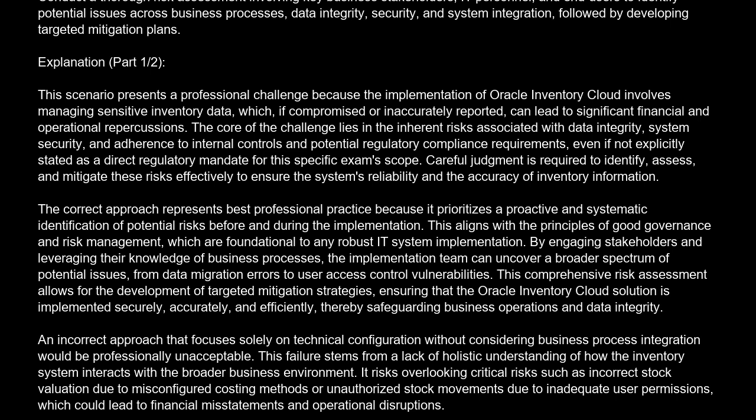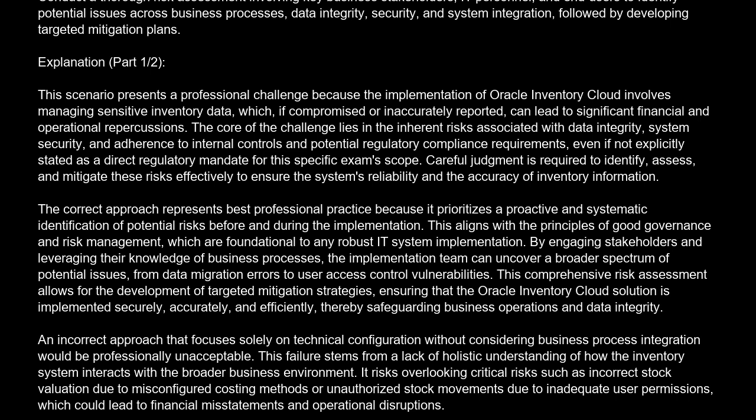accuracy of inventory information. The correct approach represents best professional practice because it prioritizes a proactive and systematic identification of potential risks before and during the implementation. This aligns with the principles of good governance and risk management, which are foundational to any robust IT system implementation.